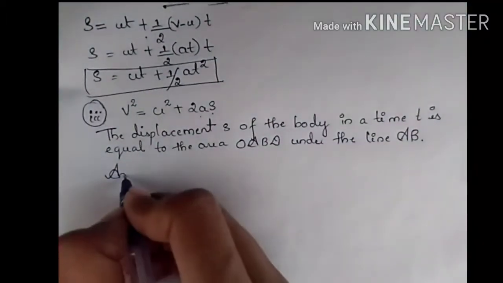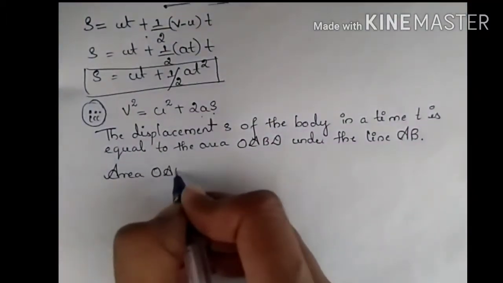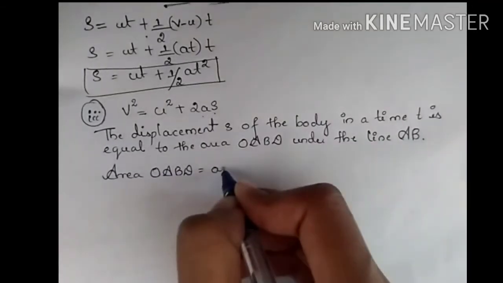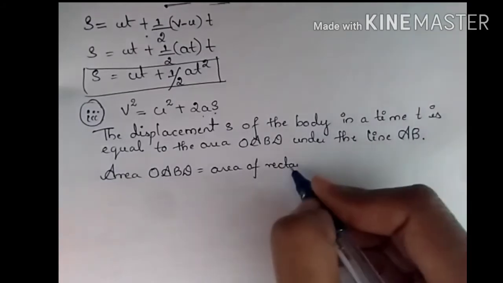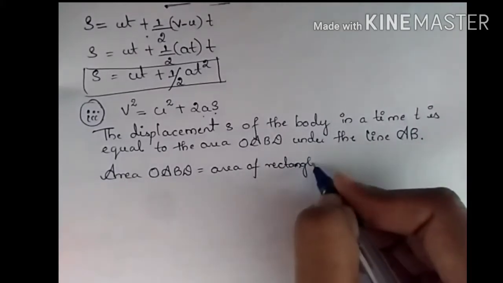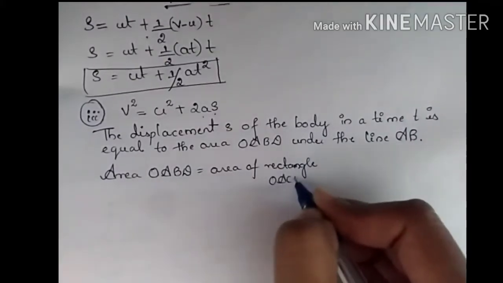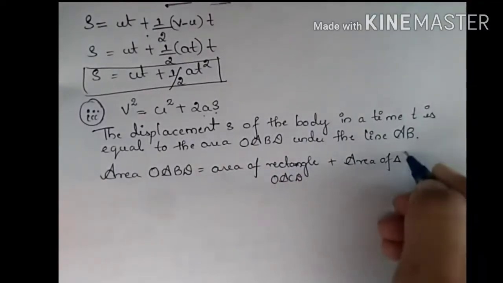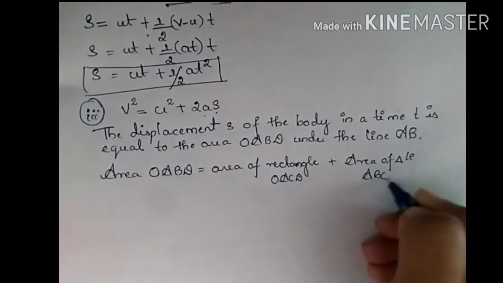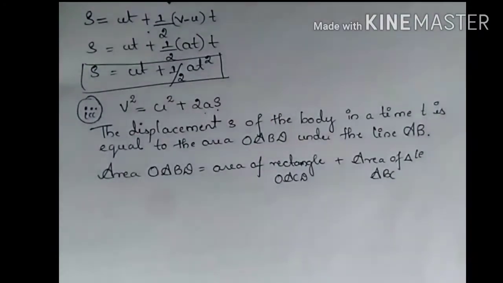So the area OABD will be equal to what? The area of the rectangle OACD plus the area of the triangle ABC. This we understood in the last equation.